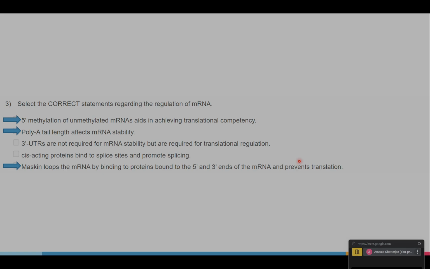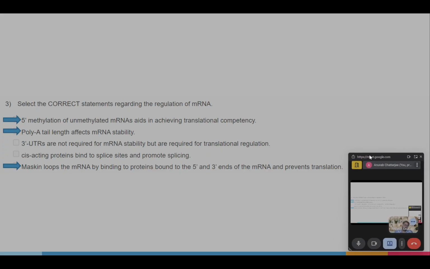Okay, so coming back to our question, select the correct statements regarding regulation of mRNA. Okay, so the options are 5' methylation of unmethylated mRNAs aid in achieving translational competency. So this is just because in case of eukaryotes, the ribosome binding site is the 5' cap.